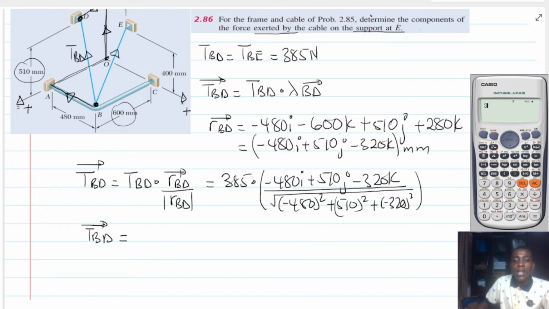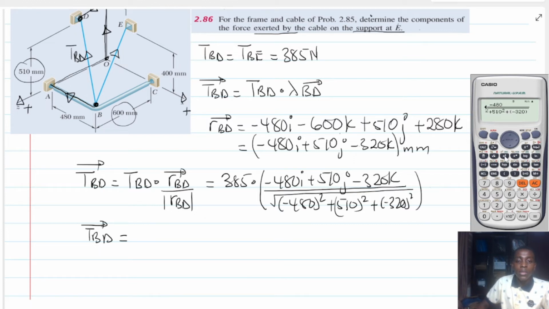So pick your calculators. 385 is going to multiply minus 480, and then I'm going to divide this by the square root of minus 480 squared plus 510 squared, and then plus minus 320 squared.